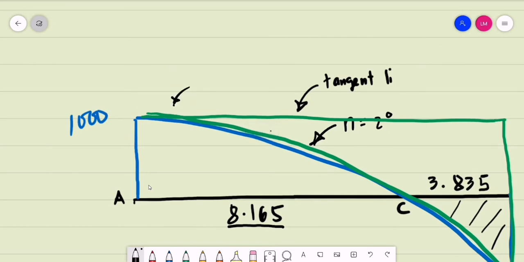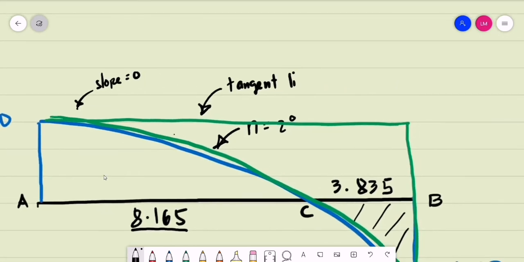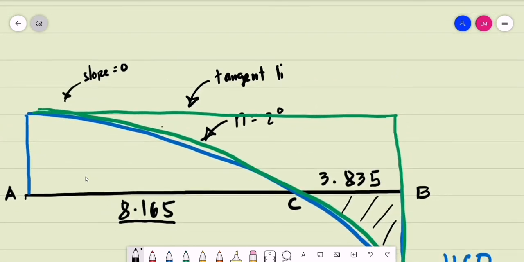So the slope of the tangent line at this point is equal to 0. So we are sure that this horizontal line is a tangent line. Okay, so again, why is the slope equal to 0? The magnitude of the varying load at point A is 0.